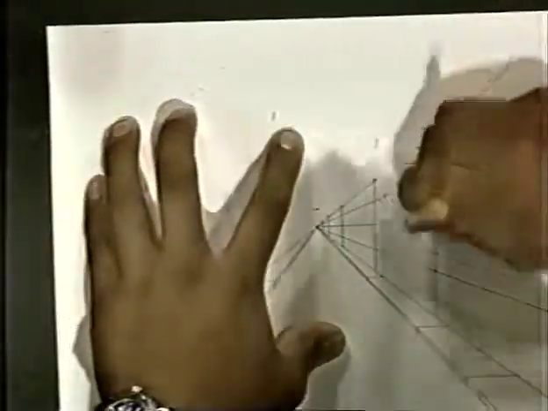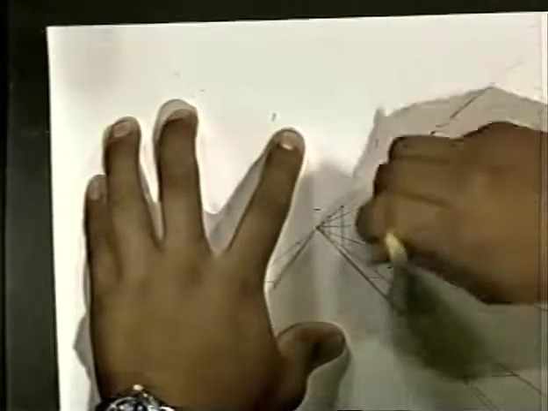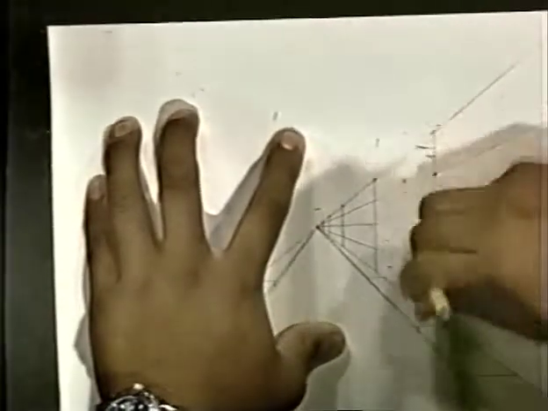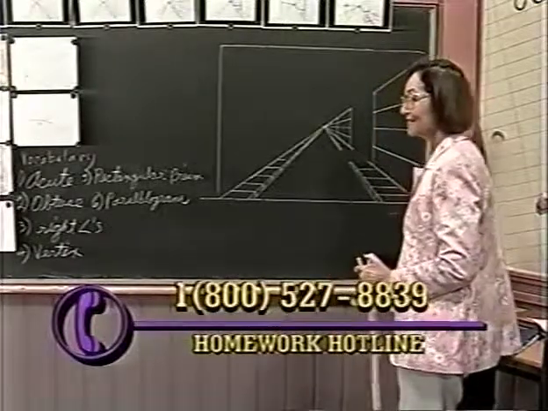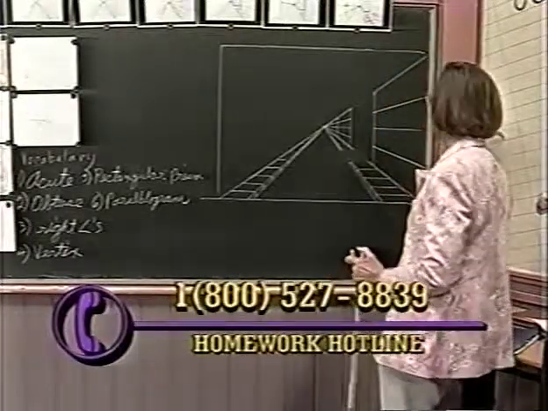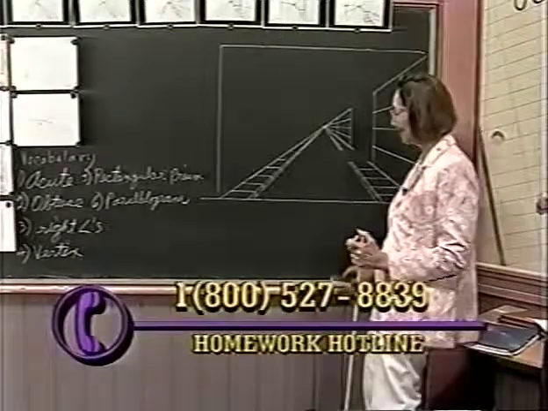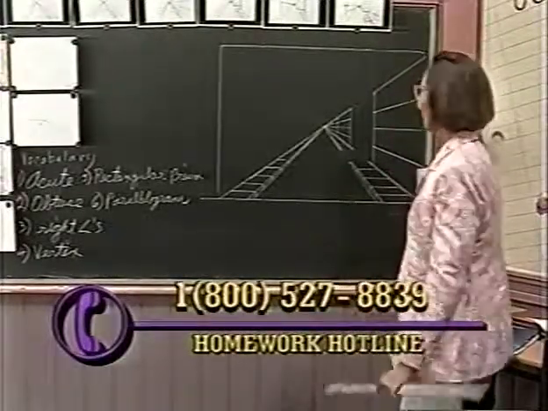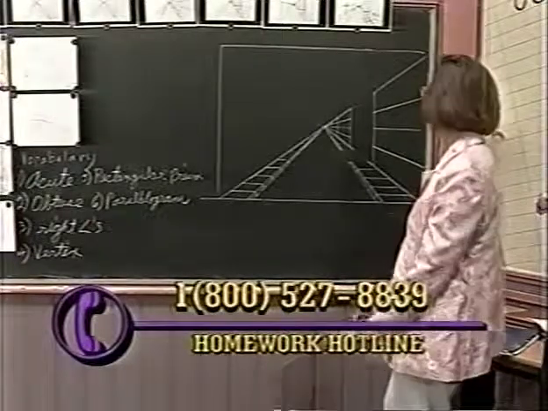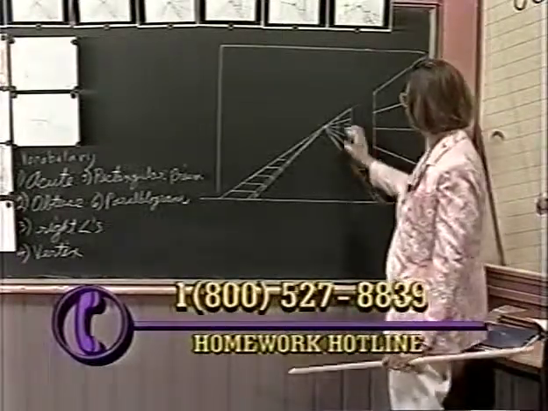But whatever you do is fine, just so long as you get this erased in here. Okay, are you up with me? Almost. Almost. Okay. The tricky erasing. We're done? Okay.